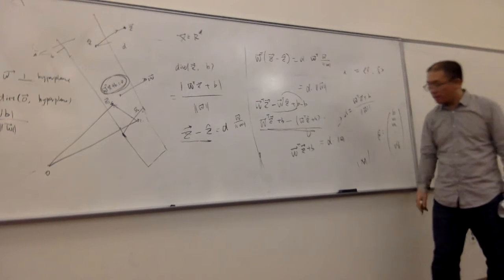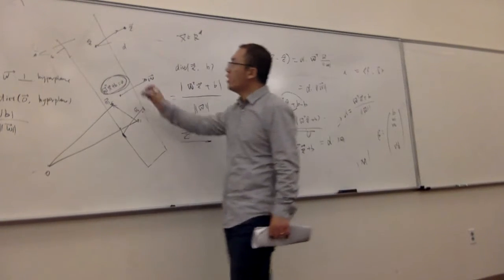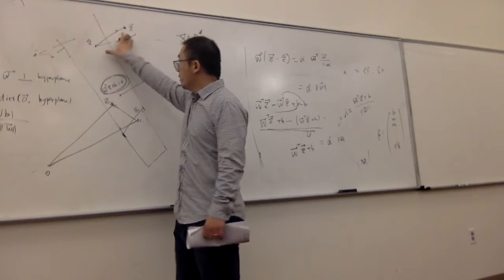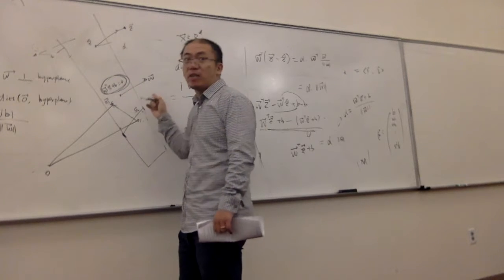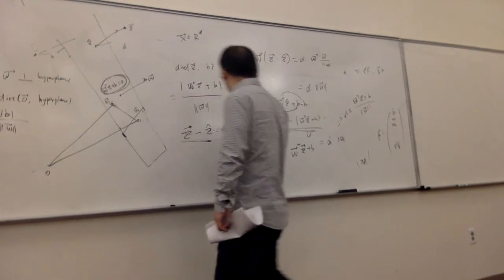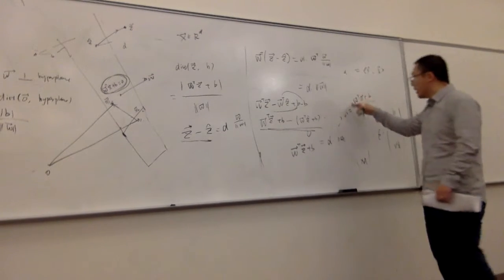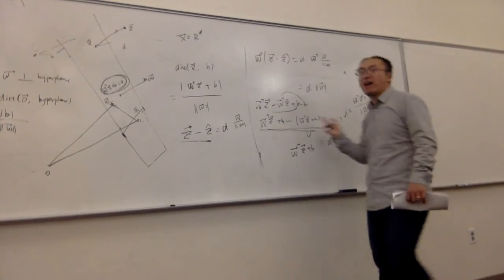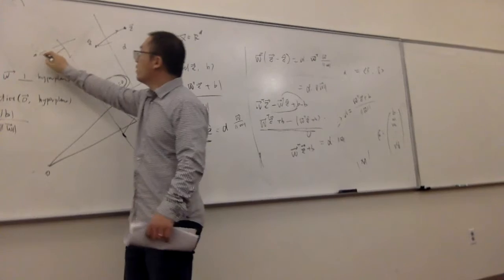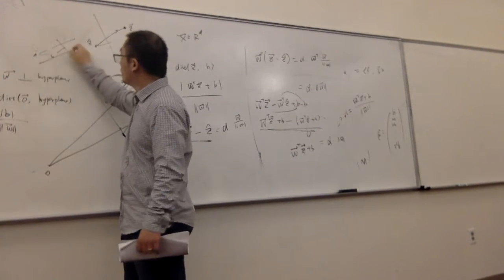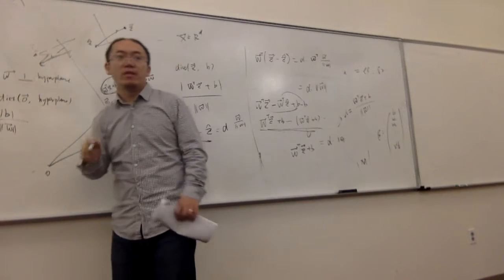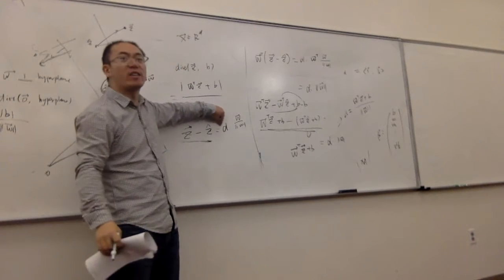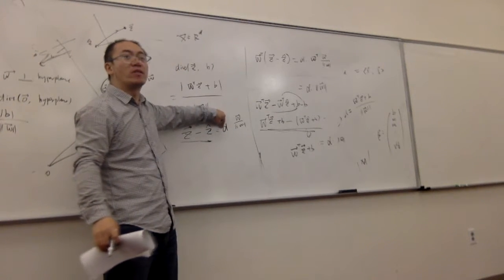Be careful because here we assume the direction of z minus z hat is the same as the direction of W. So we don't put an absolute value here. If you also consider the other case where the difference between z and z hat is along the direction opposite to W, then you should put a minus sign for the unit vector.